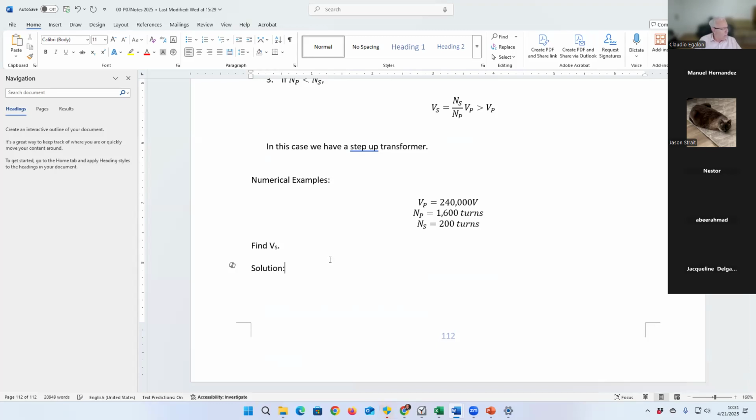It's easy to remember, right? The ratio of the same device applies to the same device. Voltage in the primary divided by the number of turns in the primary is equal to the voltage in the secondary divided by the number of turns in the secondary.